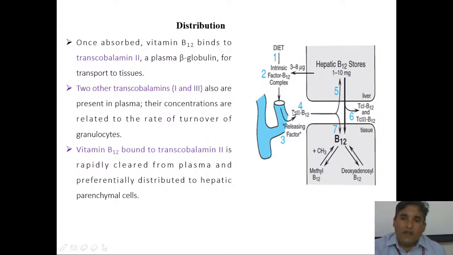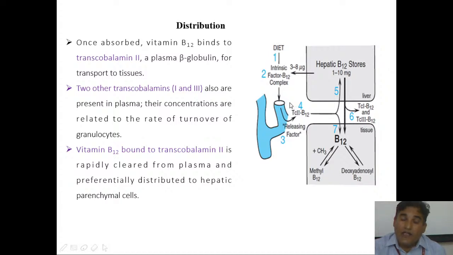And transcobalamin 2 is a very important protein that is present in the plasma, and it is very important for the transportation of vitamin B12. Other forms of transcobalamin are TC1 and TC3, but most importantly it is transcobalamin 2.